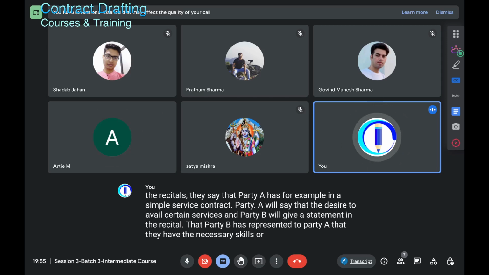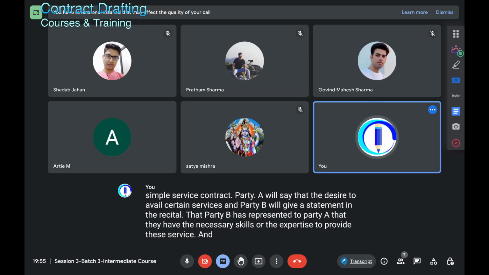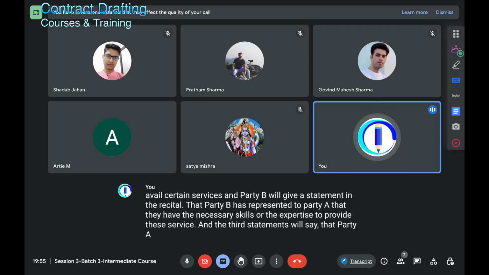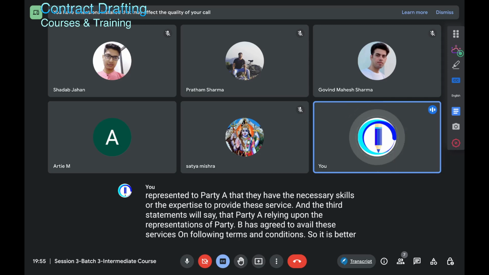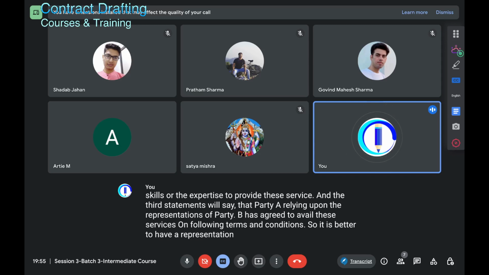And the third statement will say that party A, relying upon the representations of party B, has agreed to avail the services on the following terms and conditions. So it is better to have a representation statement like this in a representation clause separately.